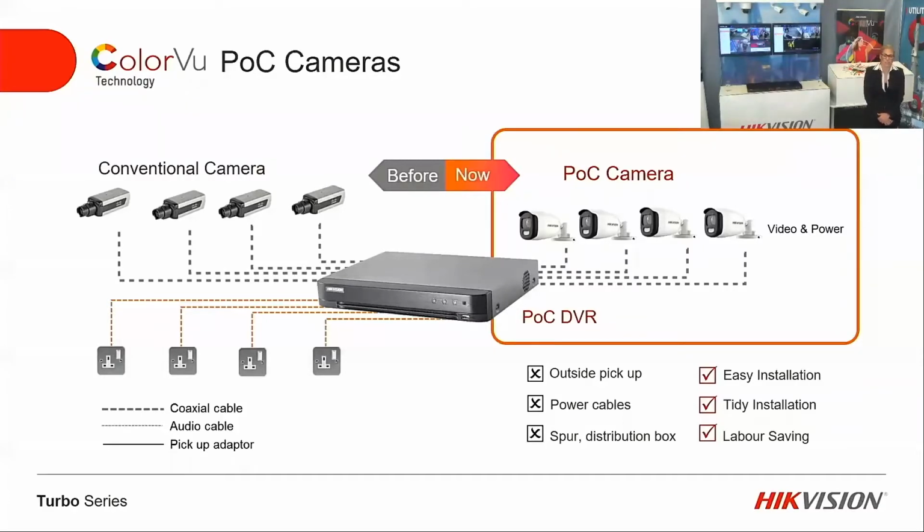It's simply just that one cable. This then makes it a very easy and tidy installation. And because of all of that, you are having a cost saving in regards to labour, and you're not paying out for power supplies. It just makes it a very simple system. So whether you're doing an existing system and upgrading it, or whether you're putting in a system new, it's a very good option.